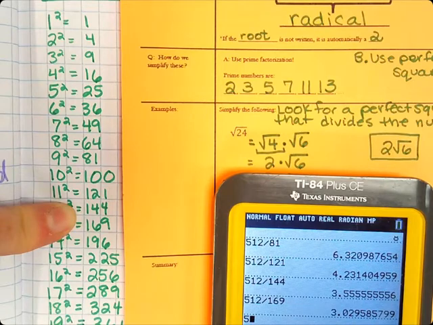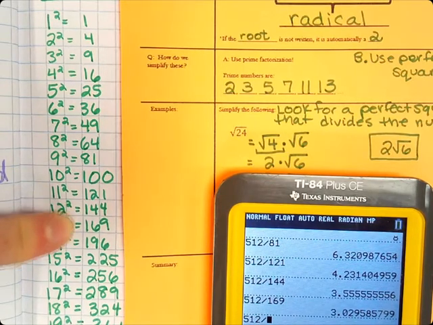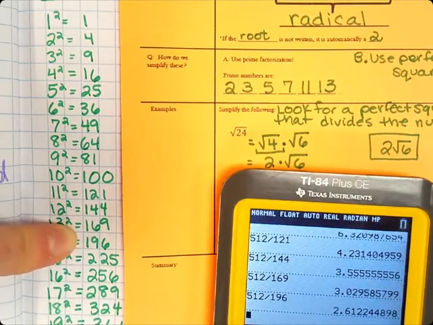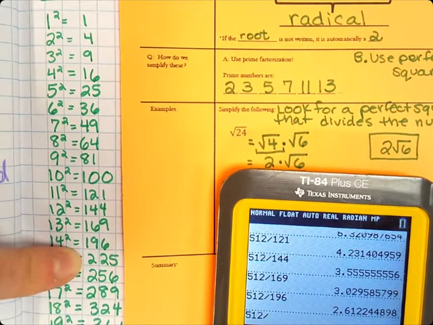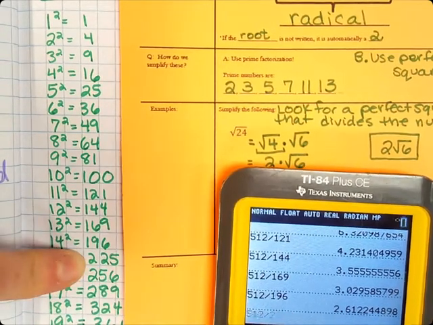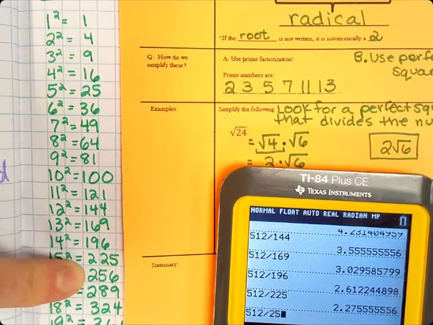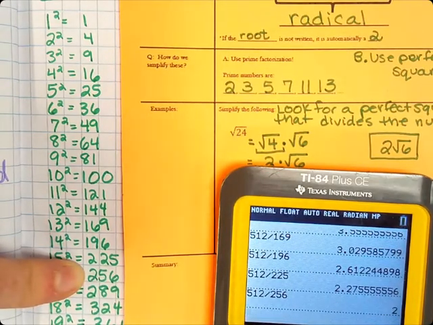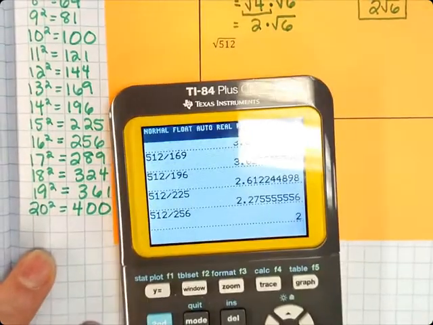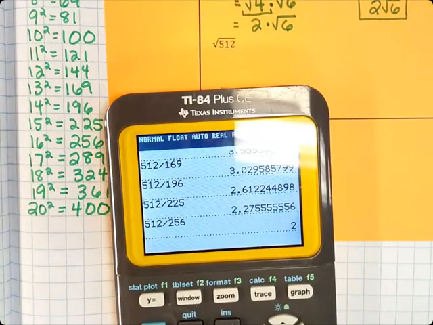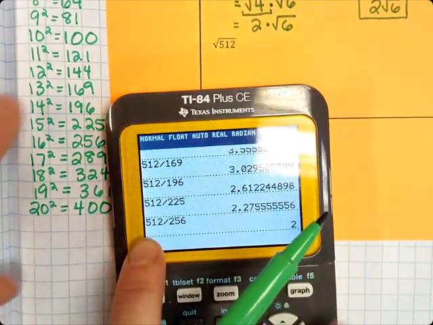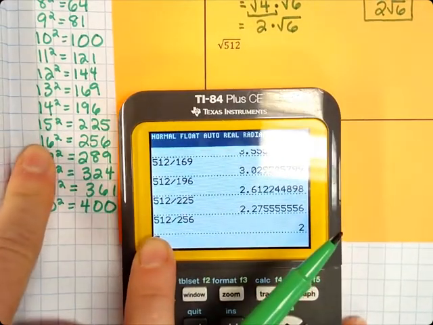Nope. 512 divided by 196. Nope. 512 divided by 225. Nope. 512 divided by 256. Yep. And that's the largest one I can even get because it's divisible by 2. So 256 divides it evenly, and 256 is a perfect square.